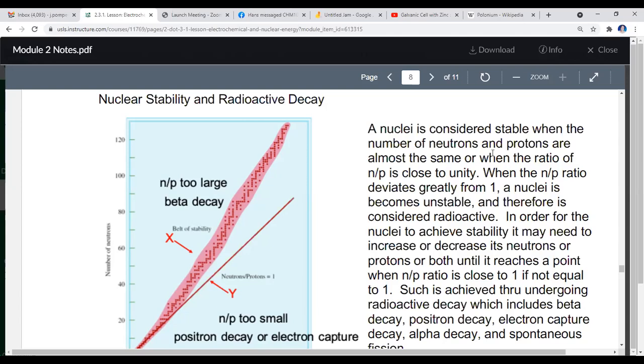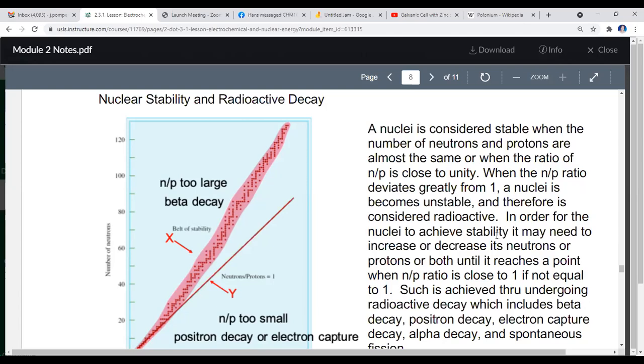What happens when the neutron to proton ratio deviates from 1? When the deviation in the ratio of neutron numbers to proton numbers in the nucleus is no longer negligible, the nucleus becomes unstable and therefore is considered radioactive. Your nucleus, when it is unstable, is radioactive.